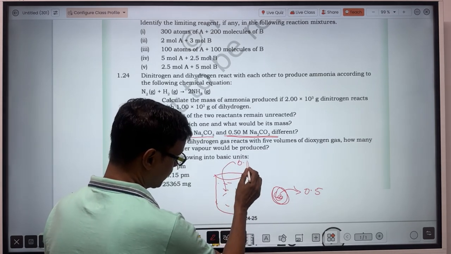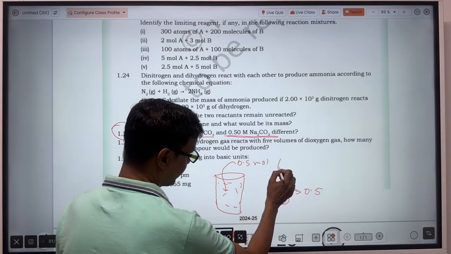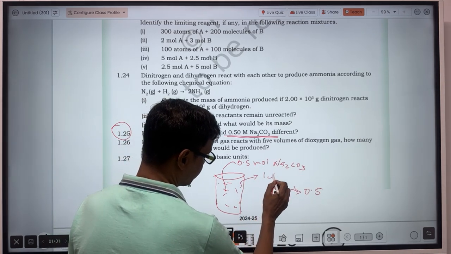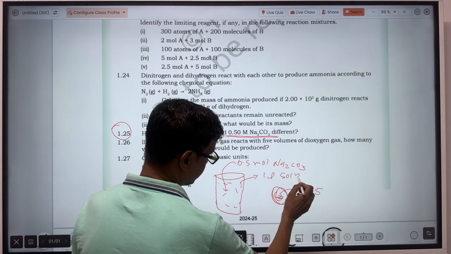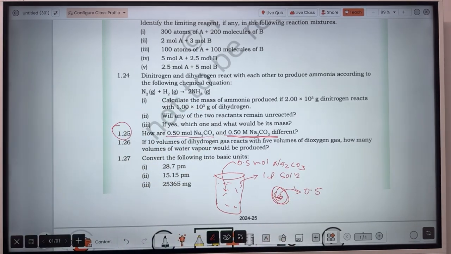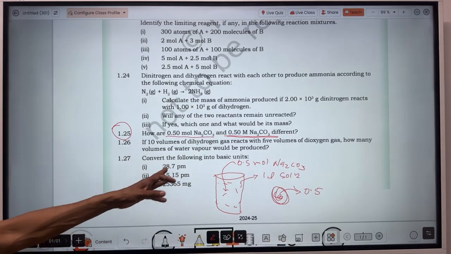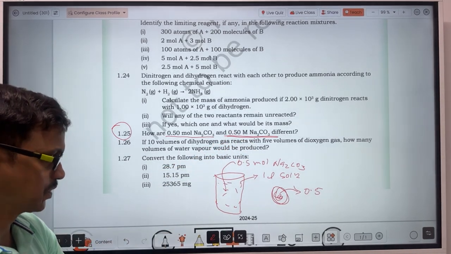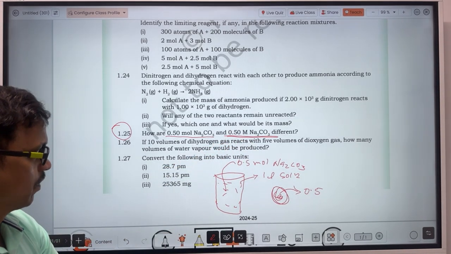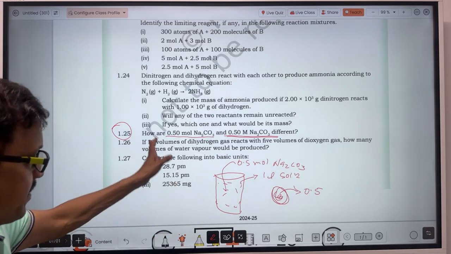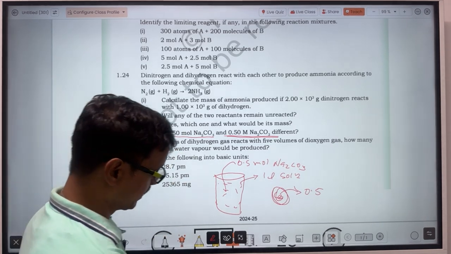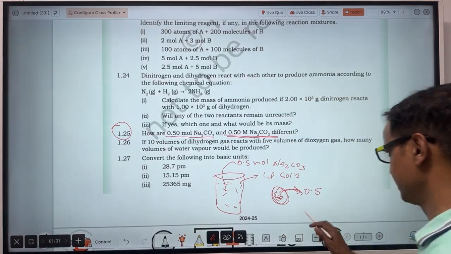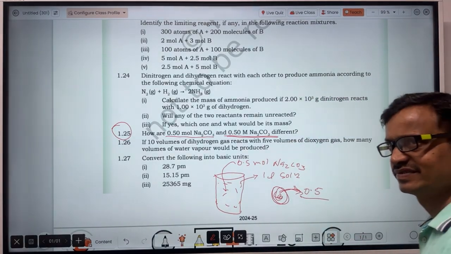That means 0.5 mole of Na2CO3 is present in 1 liter solution. So 0.5 molar Na2CO3 means 0.5 mole of Na2CO3 is present in 1 liter solution, and 0.5 mole Na2CO3 means the number of particles of Na2CO3 is 0.5.